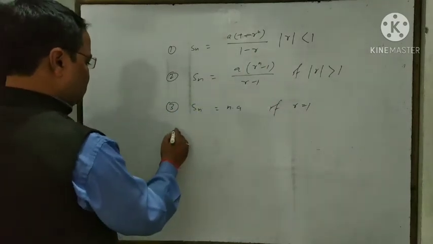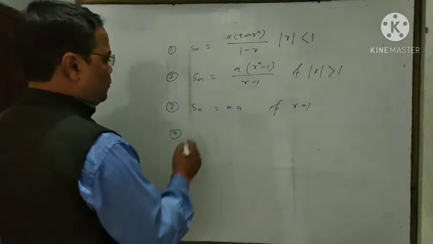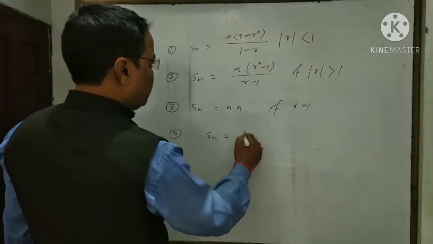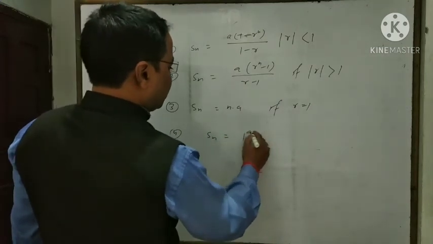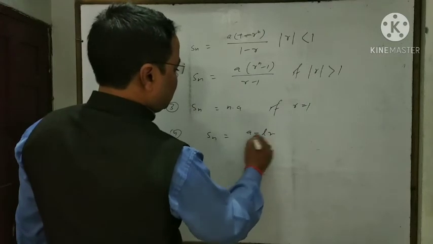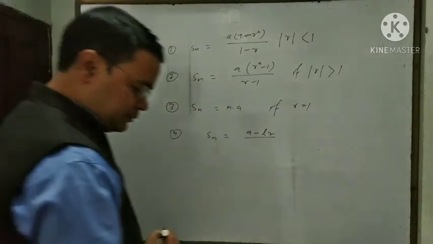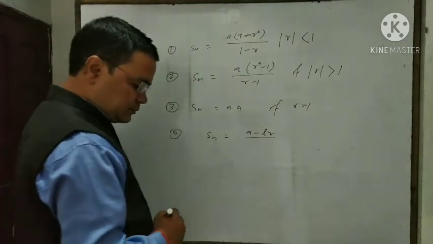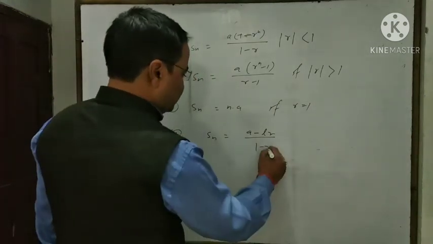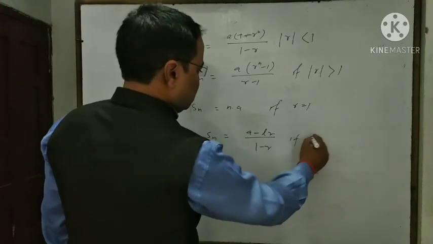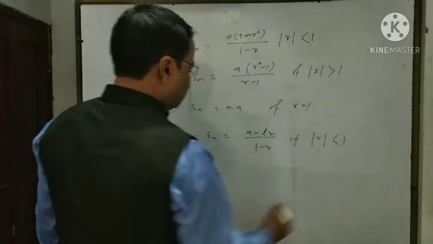Now using the first term and last term, we can write Sn is equal to a minus lr upon 1 minus r, if this value is less than 1.